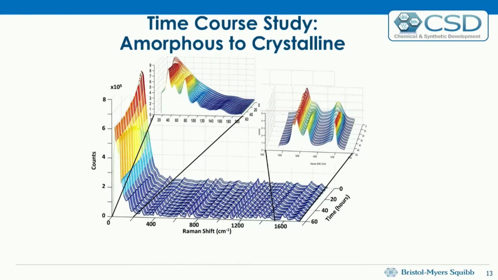This was a good case study for us to see the versatility of using LFR, low frequency Raman. So from 0 to 60 hours, you could see in the low frequency range that broad boson peak begin to dissipate and the crystals begin to grow out of it, specifically at around 40 and 60 reciprocal centimeters. So there's really a nice way of tracking this.